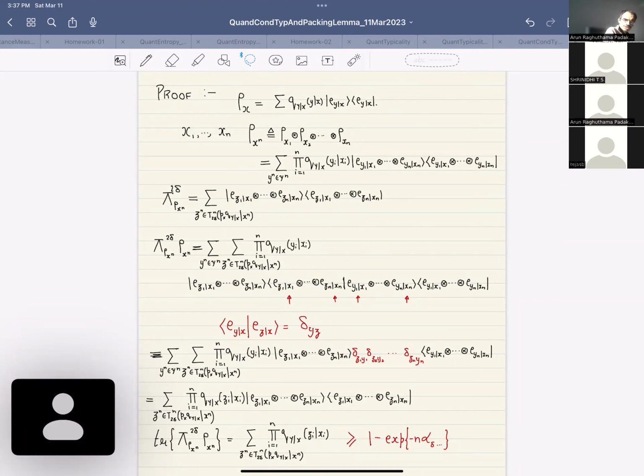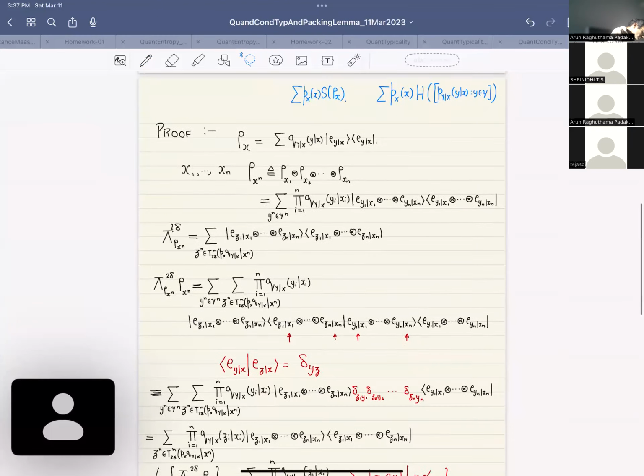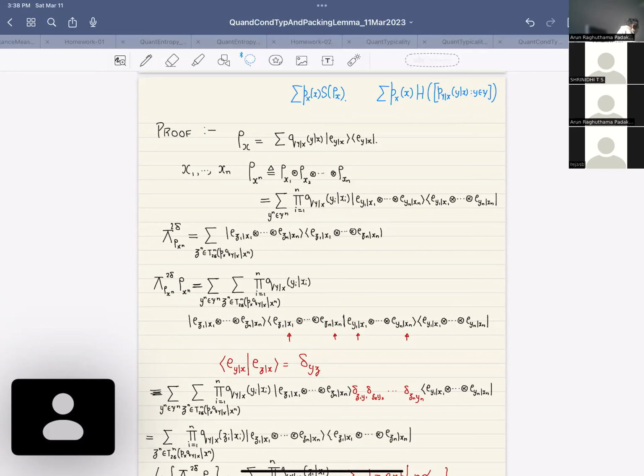Okay. If this is okay, I will then start to go towards the packing lemma. Just for reference from the book, this is 15.2.3 as I told you, and what I have particularly covered is 15.2.4, property 15.2.5, and property 15.2.6 in Wilde.